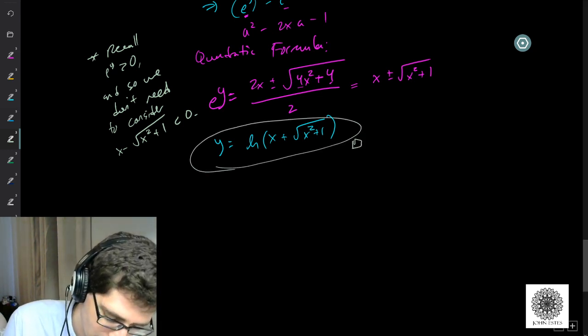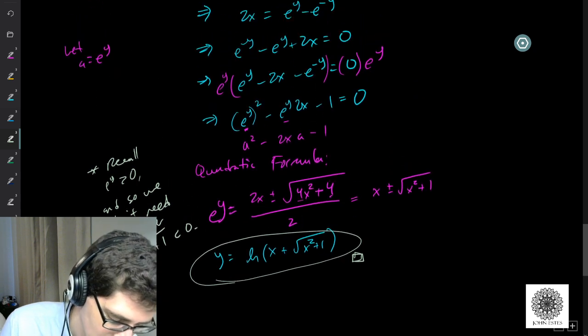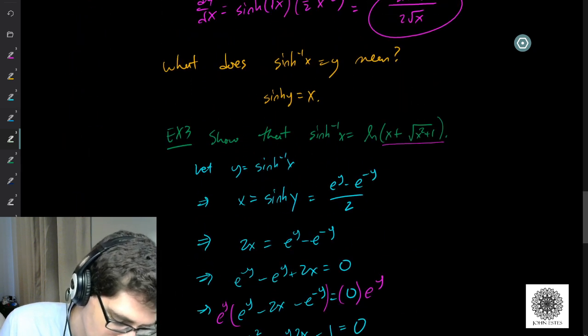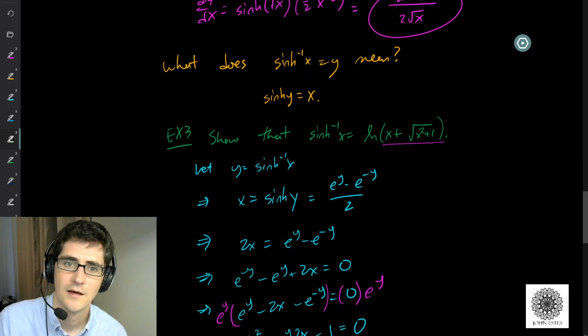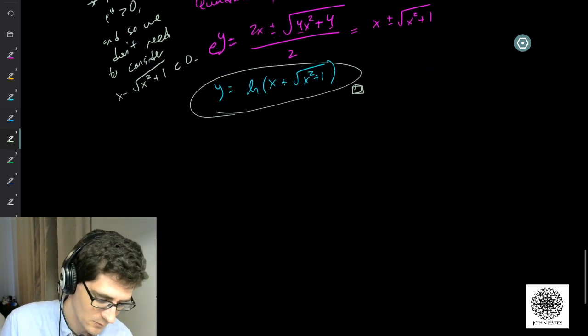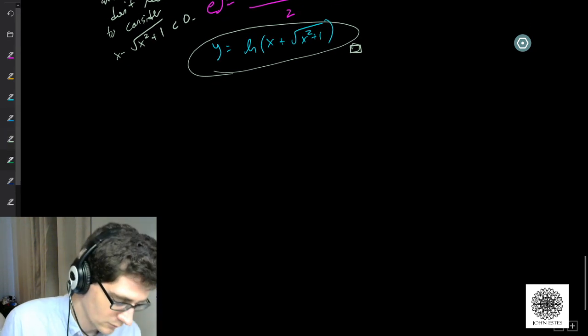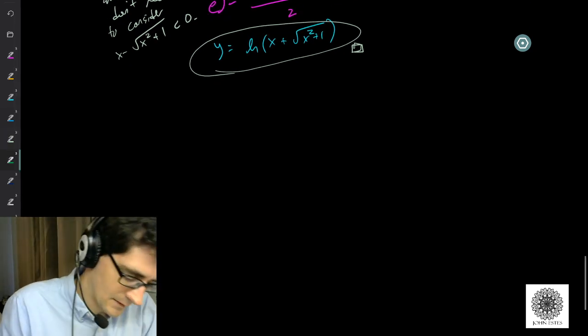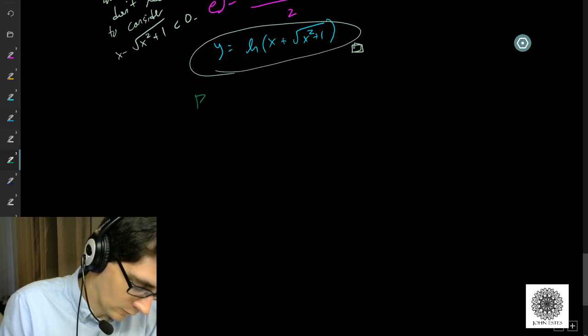And there we have it. That's basically a proof, and it may have been a little bit longer than we expected. We could do the same thing with cosh and tanh, and when we do, we end up with these rules.